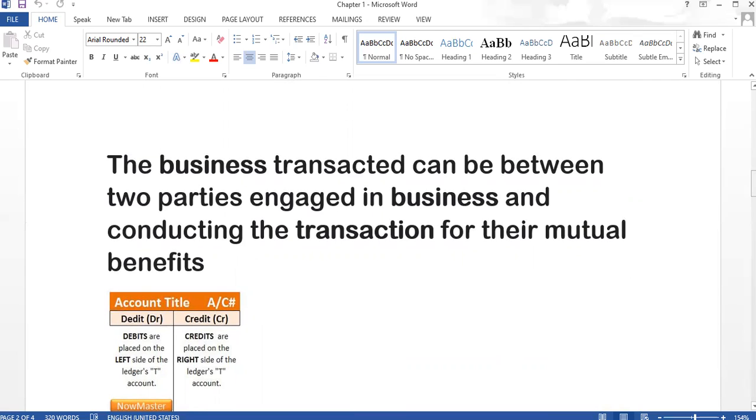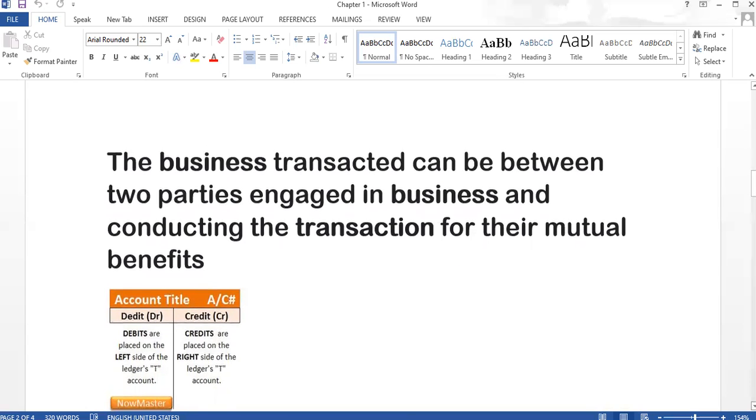So each one should benefit from the other. Some person is buying your goods or services and you will be paid the money, and so the other person is benefited with the goods. So each should have their mutual benefits. So this is known as business transactions.